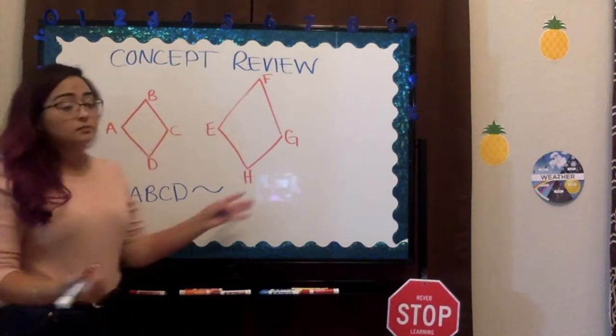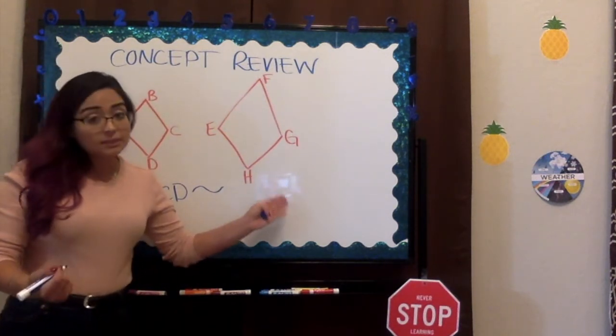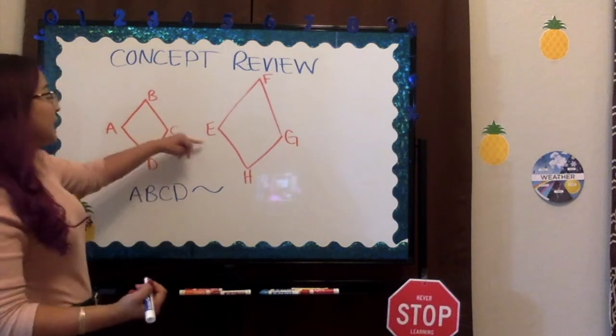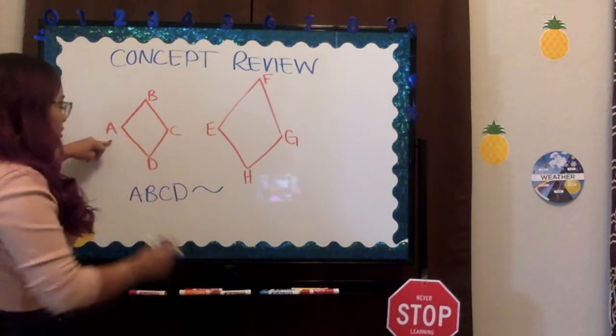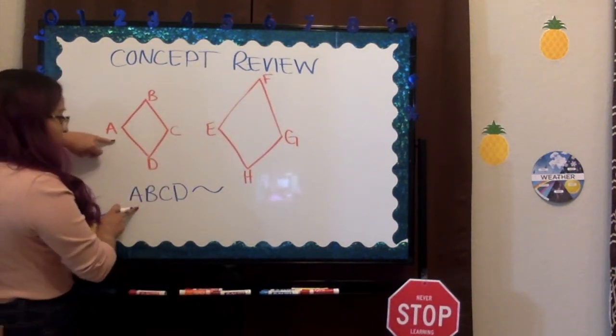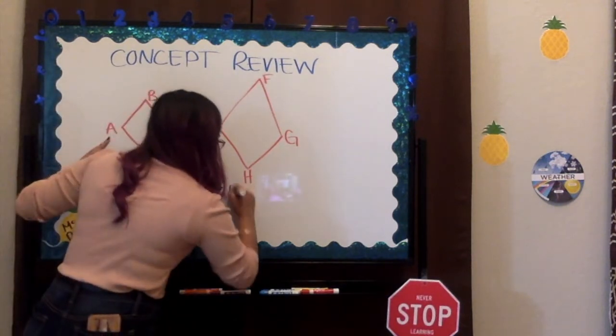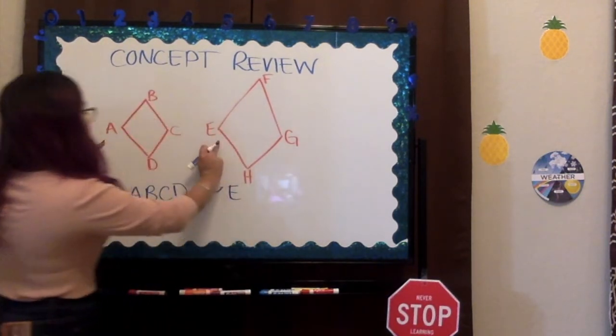Now, on the similar figure, we have E where we have A. So here, we wrote A first, so we will write E first on this side for this figure.